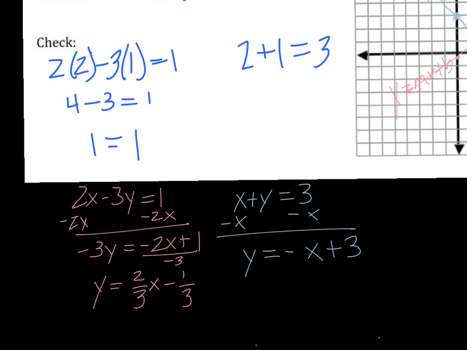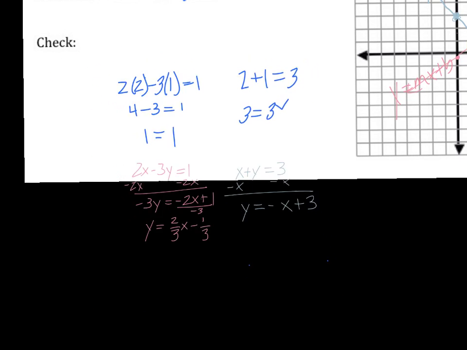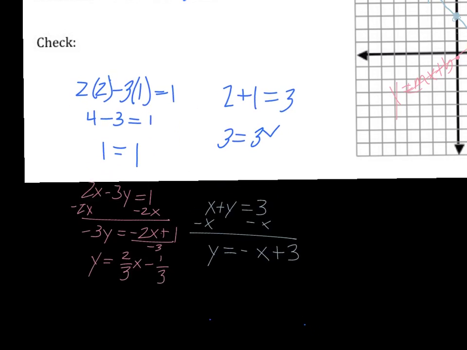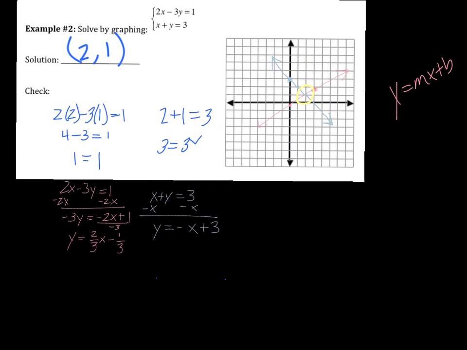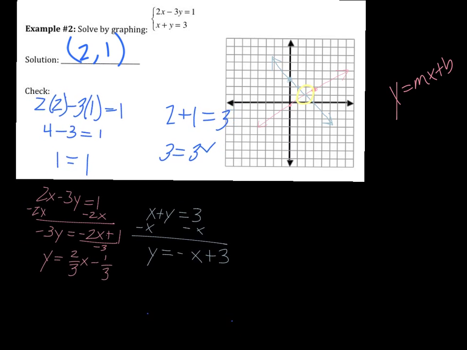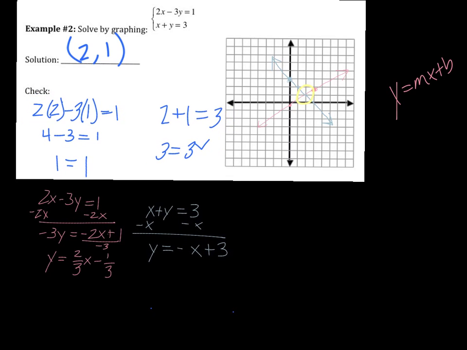And 2 plus 1, we get 3 equals 3. So they do check out. So we checked it algebraically and graphically.